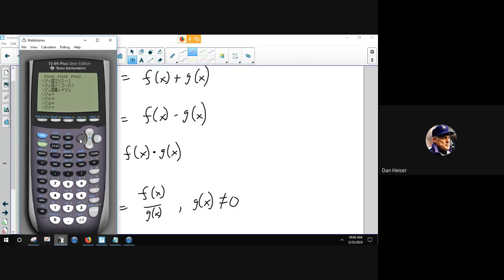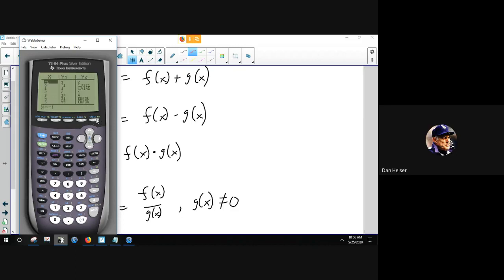Now again, let me go back, shut this off, and go back here for a moment. So what it's going to do is it's basically going to take this y value plus that y value, this y value plus that y value. When x is 0, it's going to add the two y values. When x is 1, add the two y values.